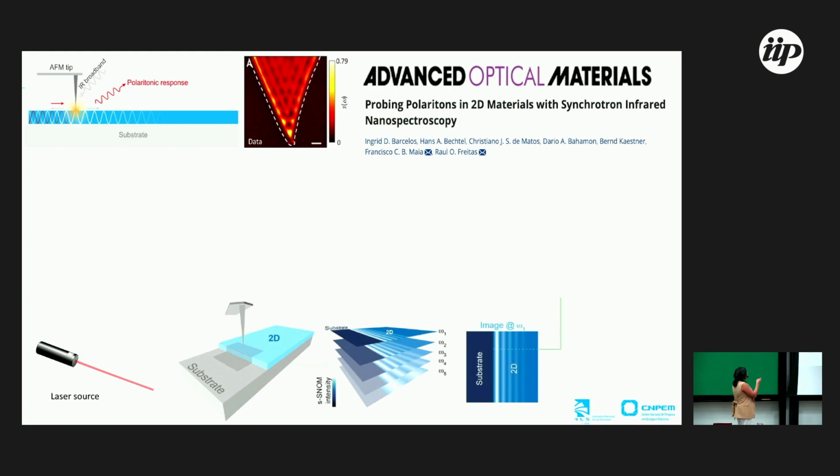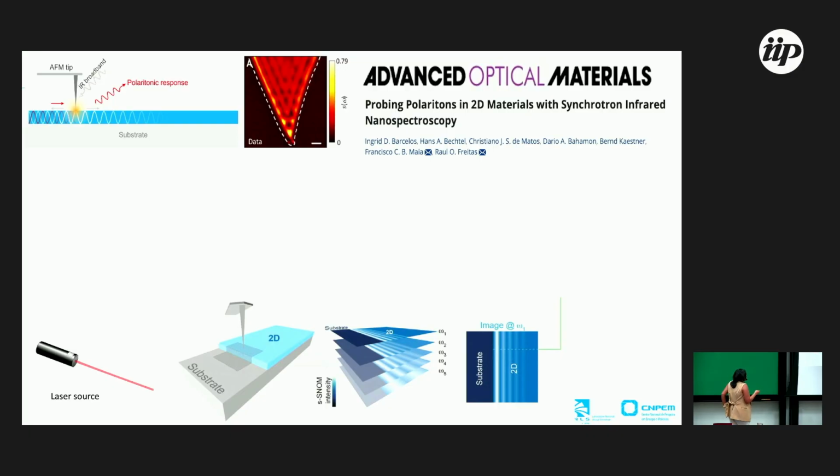They are reflected by the edge or a defect or some other antenna in the material, and they are collected by the antenna again. As a result, what we can see here is the standing wave formed between the tip, in that case the edge, and this is the experimental result of that. We can see oscillations inside the material.